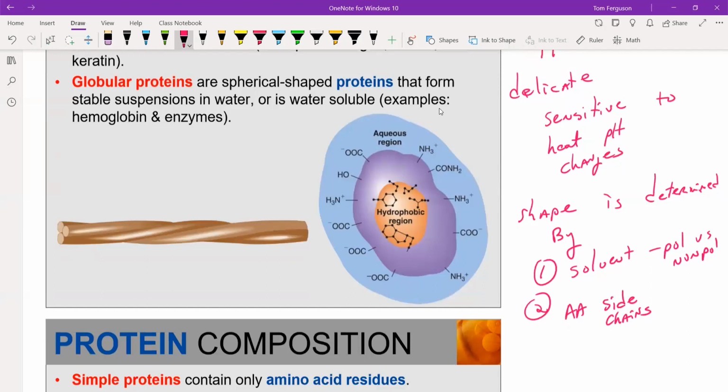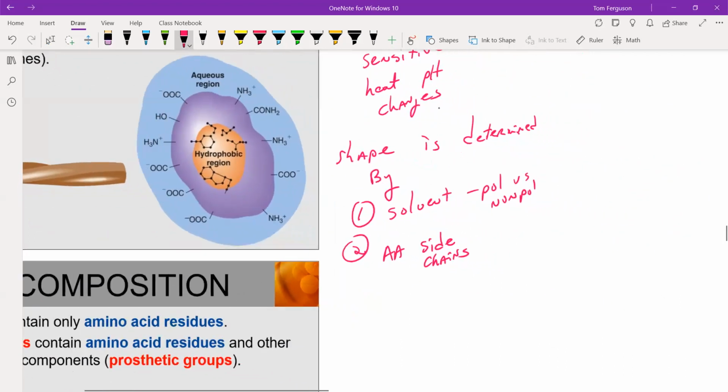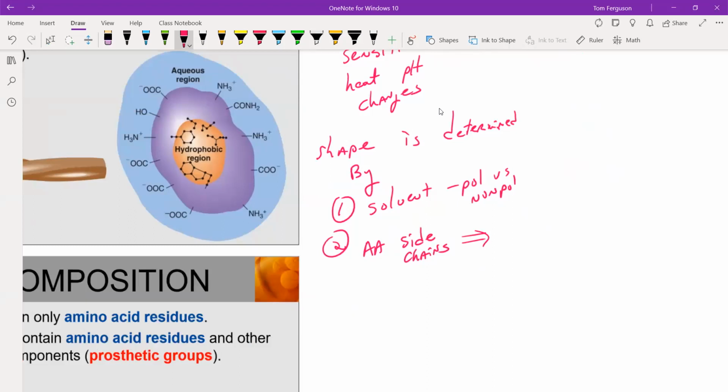So what will happen is, if the amino acid side chains are in general polar, and your solvent is polar, usually water, then the polar amino acids will tend to migrate towards the outside, toward the solvent.